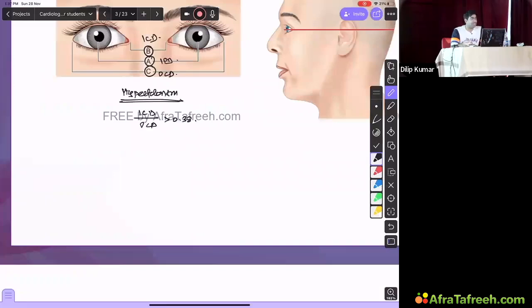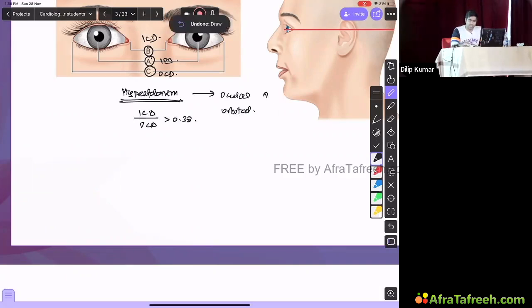In that, some authors will give you two different kinds of definition. One is called ocular hypertelorism, as I told you. Another one is orbital hypertelorism. If your interpupillary distance is increased, they call it ocular hypertelorism. If your primary problem is increased interpupillary distance, that's called ocular hypertelorism.